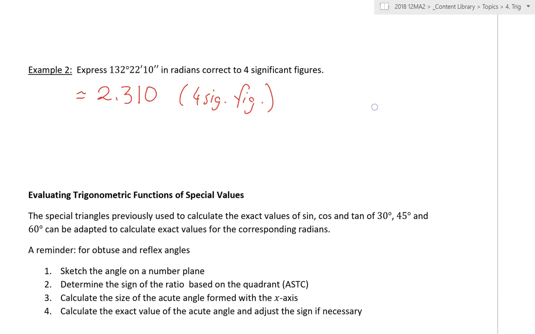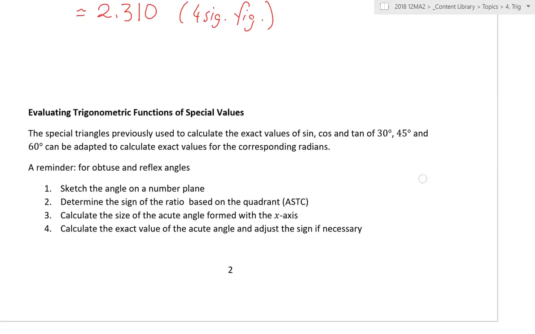2.310. Wonderful. Next up, evaluating trig functions, special values. We've talked about this in class a little bit, and this really is a recap of things you've done before. If I want to find the exact value for some values related to 30, 45, 60 degrees, this is going to be pi on 6, pi on 4, pi on 3, as well as 0 and pi on 2.